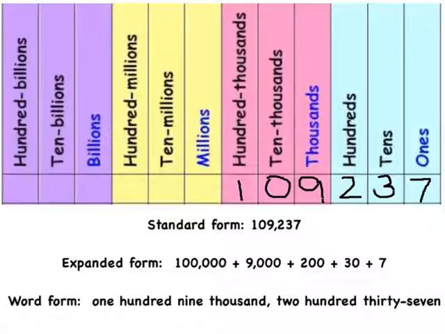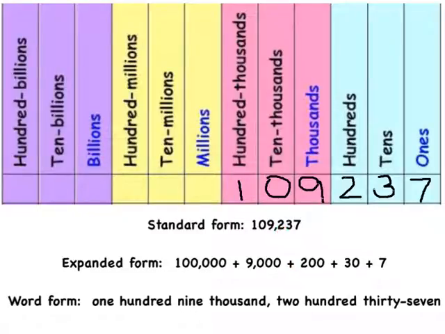We first look at the 1. It's in the hundred thousands place, so its value is 100,000. We put a plus sign. Our next digit is a 0. So in this case, there is no need to write the 0 down. We simply go on to the next digit, which is a 9. The 9 is in the thousands place, which makes its value 9,000. A plus sign.